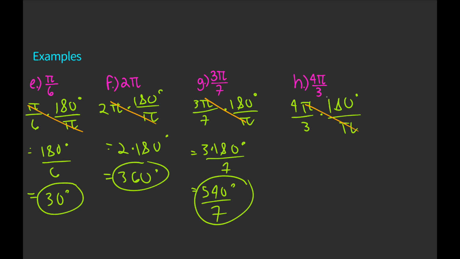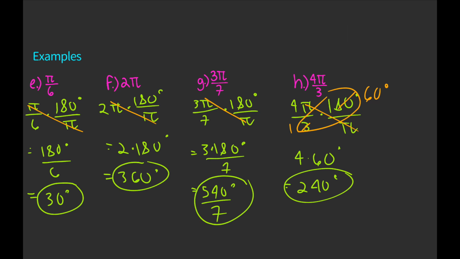We can also do some cross simplifying right here, where this 3 will become 1, because we divide by 3, and we'll divide 180 degrees by 3 as well, and that'll become 60 degrees. So then we're going to be left with 4 times 60 degrees, which equals 240 degrees. And that is our answer. 4 pi over 3 equals 240 degrees.